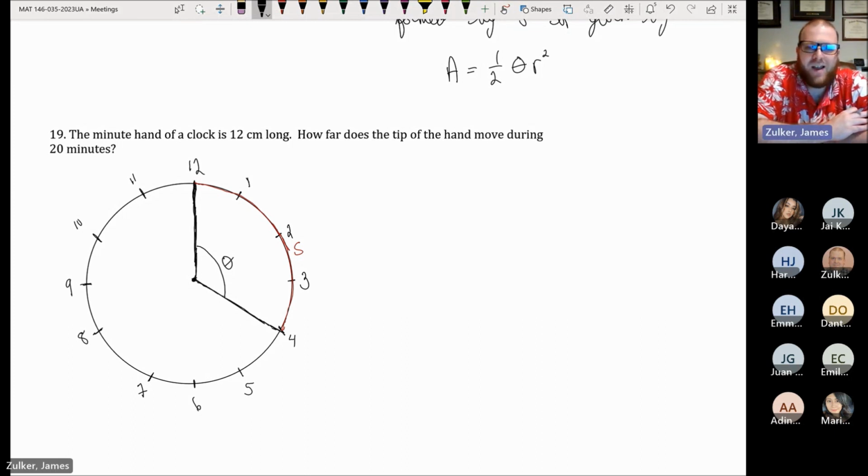And that S is what we're trying to find. Well, doesn't it travel 1/3 of a revolution? Multiply that by 2 pi. That angle's 2 pi over 3.